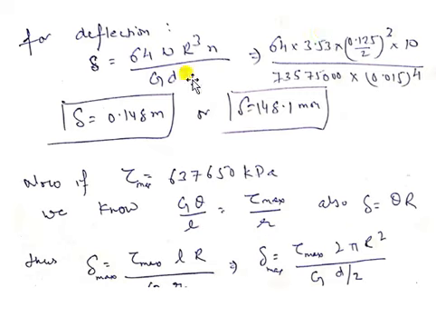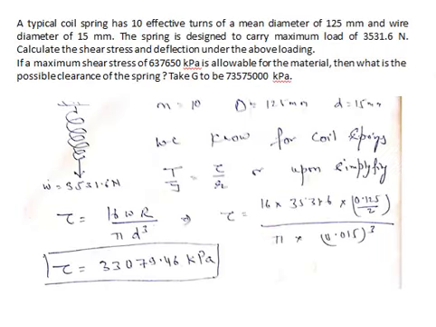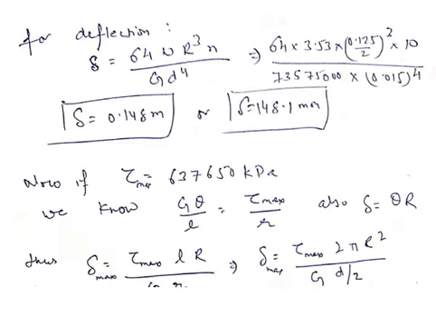On substituting, we get the deflection of the spring for the given conditions as 0.148 meters or 148.1 millimeters. So these are the first two things asked in the question: tau is this, shear stress is this, and deflection is this.